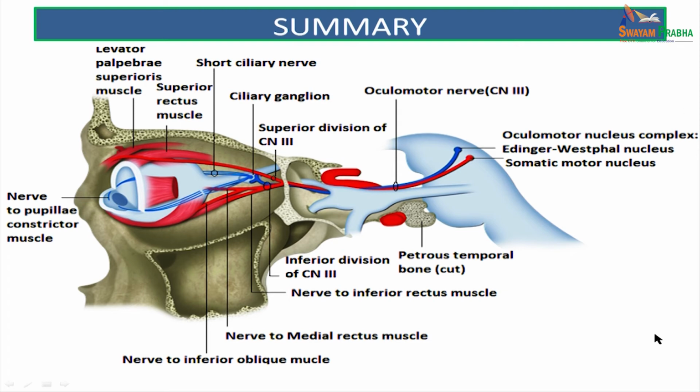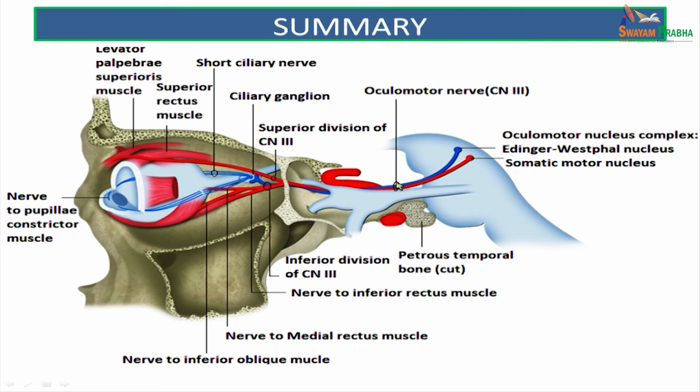Now, to come along with the summary of the oculomotor nerve. The oculomotor nerve is taking origin from the oculomotor nuclear complex, which gives somatic efferent fibers and general visceral efferent fibers, which are the parasympathetic fibers from the Edinger-Westphal nucleus.